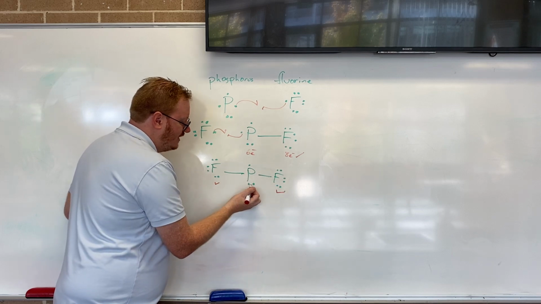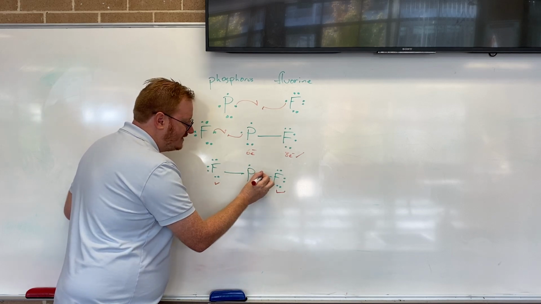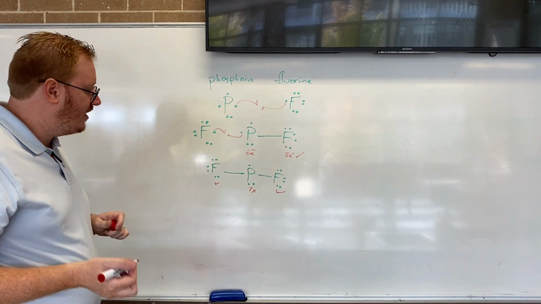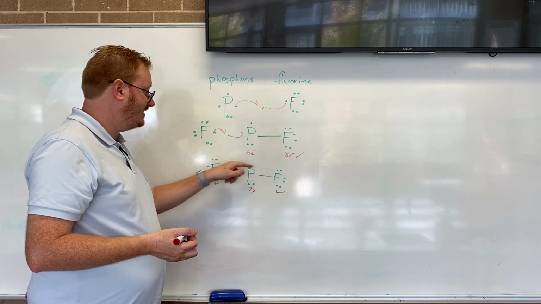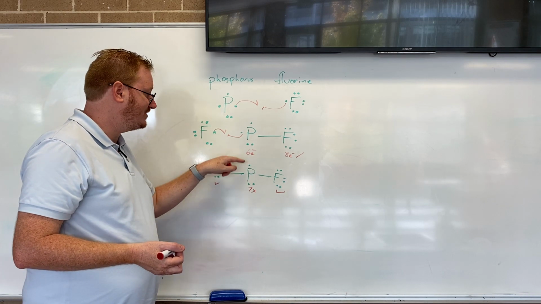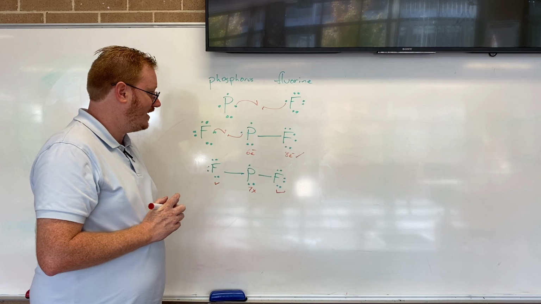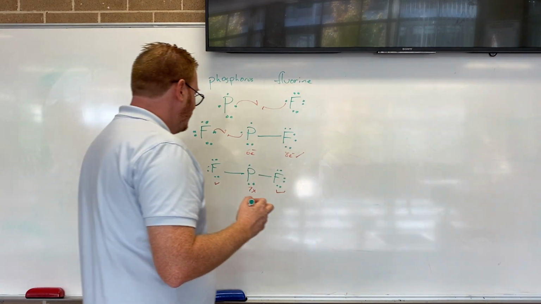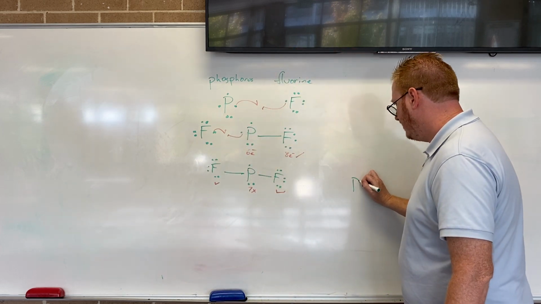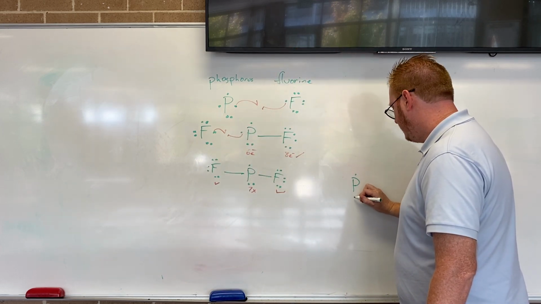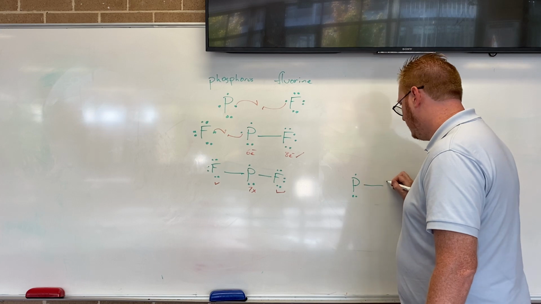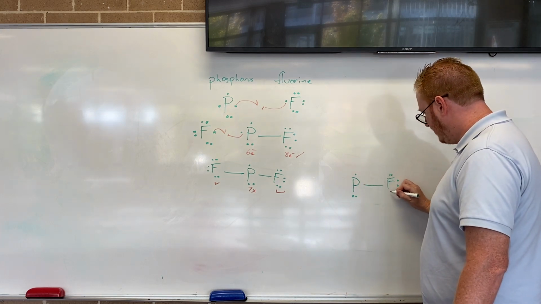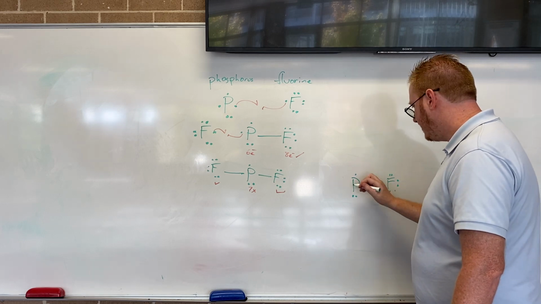Phosphorus in the middle. 1, 2, 3, 4, 5, 6, 7. Okay. You can't put this electron into these bonds. They've already got their 8 electrons. It's going to need another fluorine. Okay. I think I can move over here in the field of view. Okay. Let's copy it out. One bond to fluorine. It has its outer shell full. Hopefully you can still see.